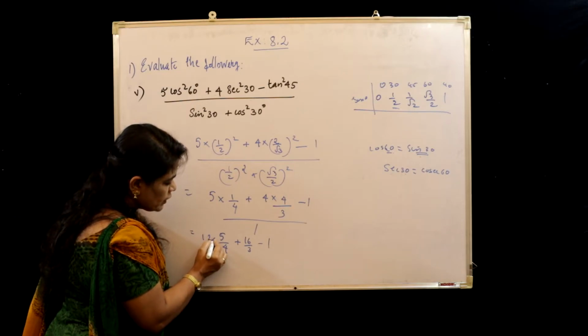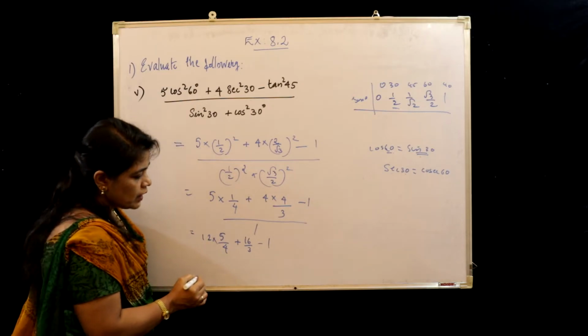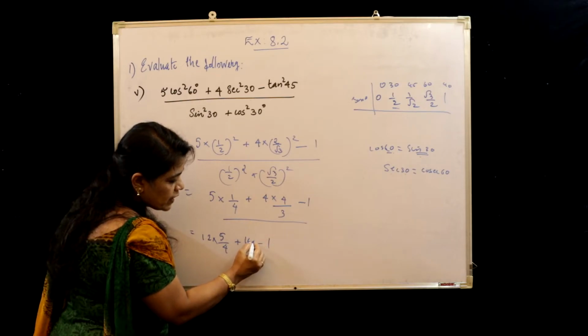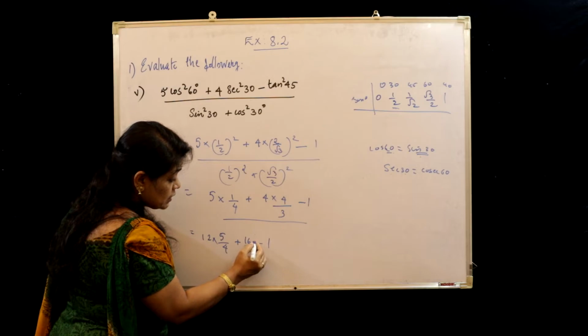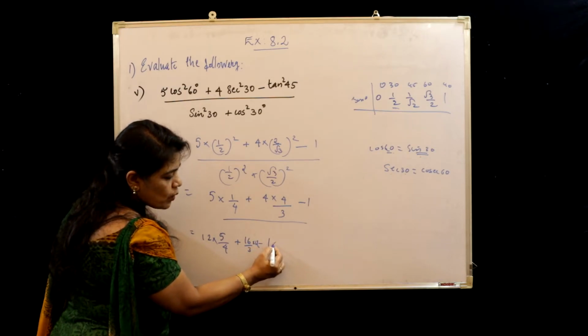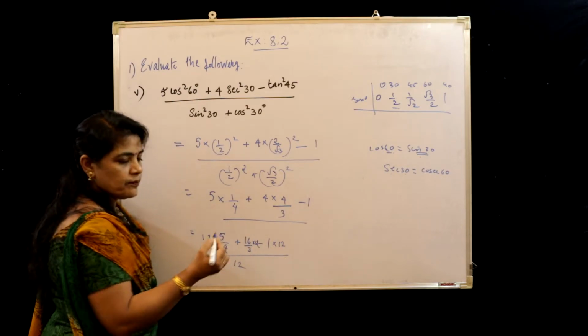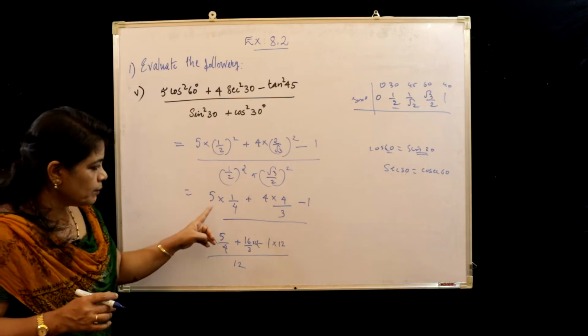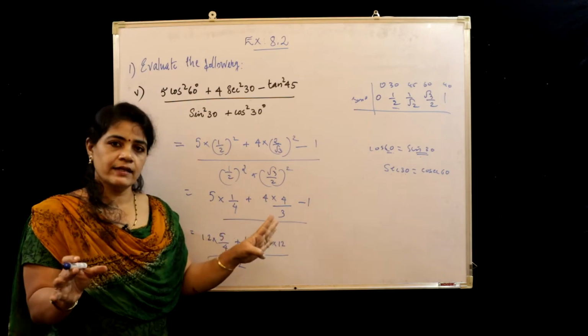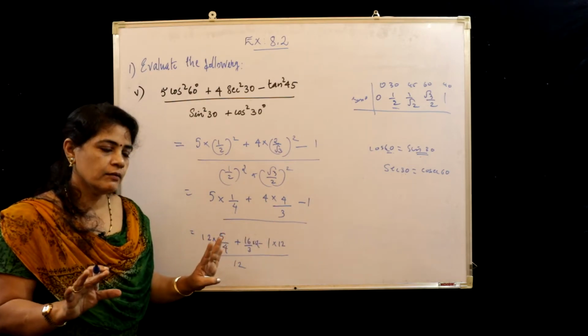So 12 into 5 by 4, 16 by 3 into 12, minus 1 into 12, divided by the LCM 12. Just multiply each term with the LCM 12, whole divided by LCM.